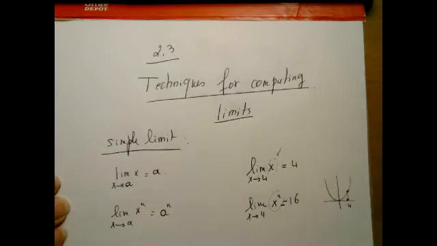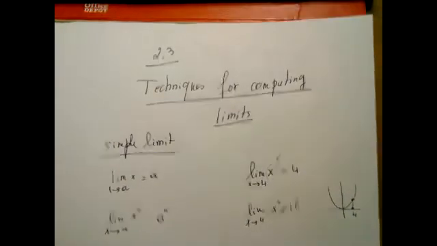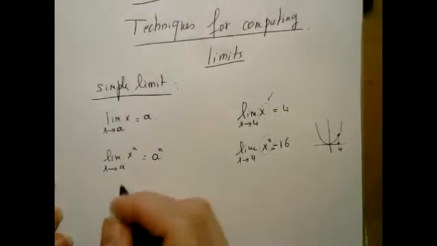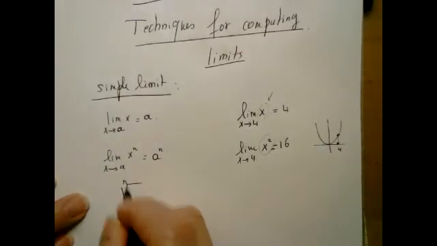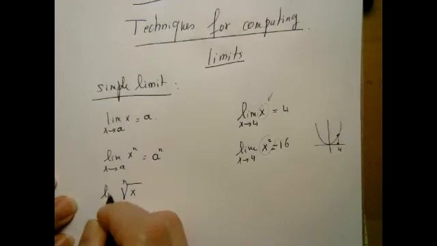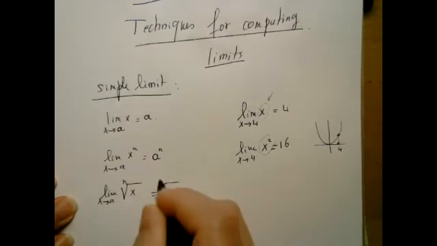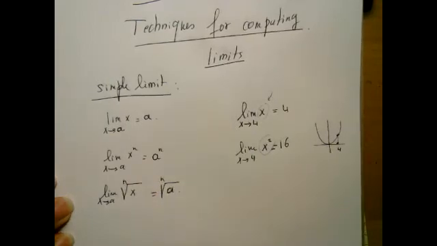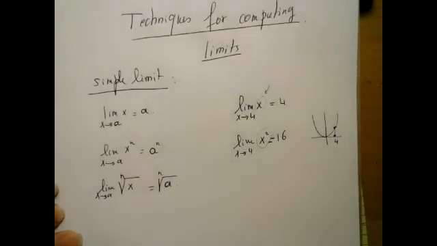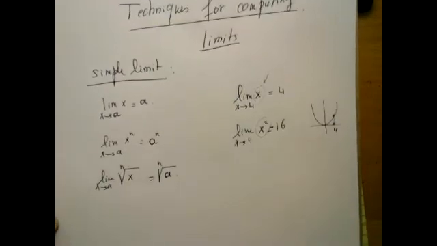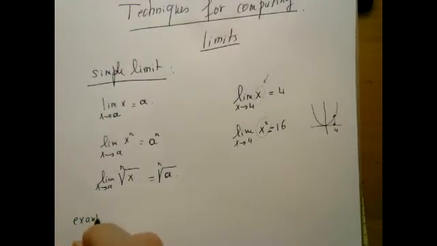Now those are very simple limits. Intuitively, they really make sense to us. And even if you're taking the nth root, it doesn't really matter, you basically plug in the a for x. Now there are other simple limits. So instead of stating a theorem, let me just do them intuitively.